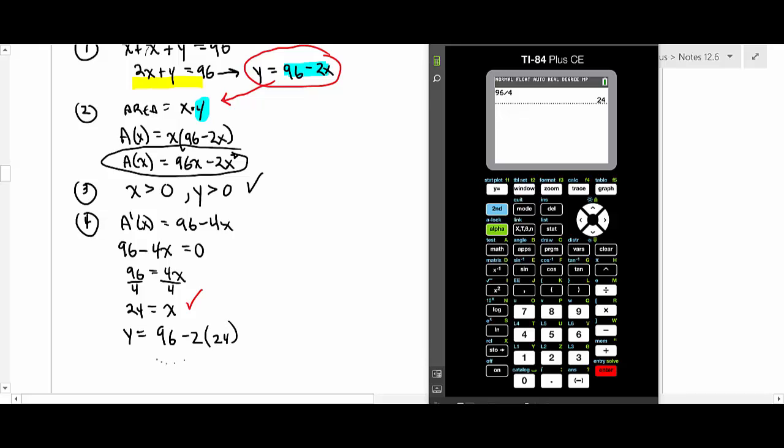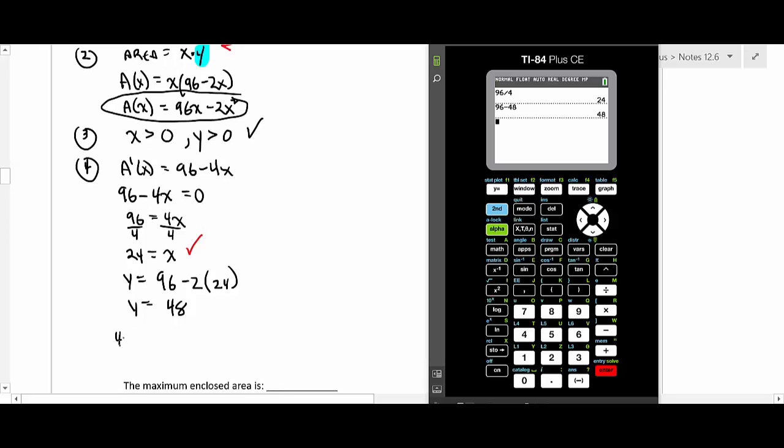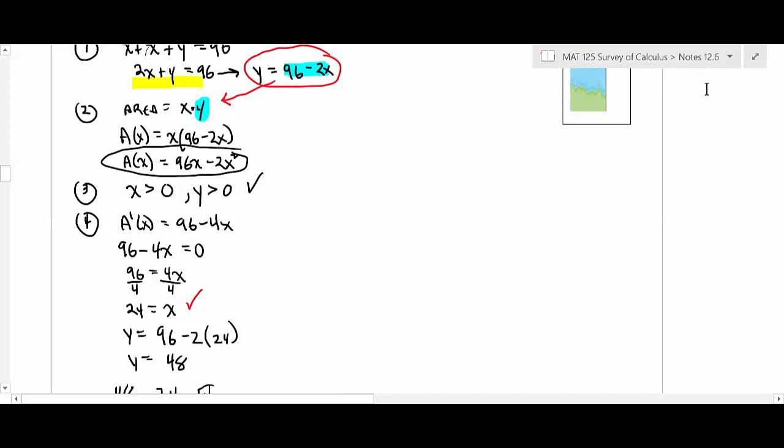Just plug in the 24 and work it out on your calculator. So 96 minus 2 times 24 is 48. So y is also 48. Okay, so your dimensions are going to end up being 48, which is what y is, and 24, which is what x is. And I guess that's in feet. Okay, so that's how you maximize this.